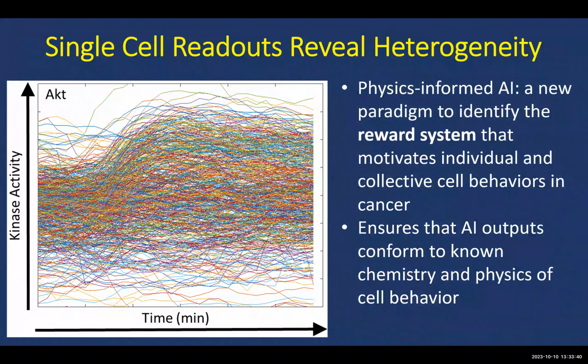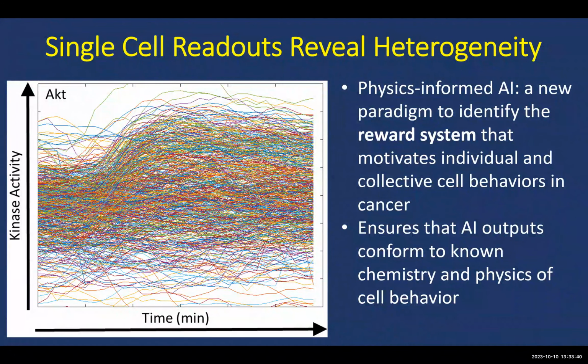And to understand this, this is where we want to leverage computational expertise to develop really an entirely new approach to the problem, to develop a physics-informed artificial intelligence platform to be able to identify the reward system, if you will, thinking of our cells as kind of intelligent actors, what motivates them to behave, signaling or migration, example I'll show you later, what motivates them to act as individuals and sometimes to act as team players working together and sometimes as competitors.